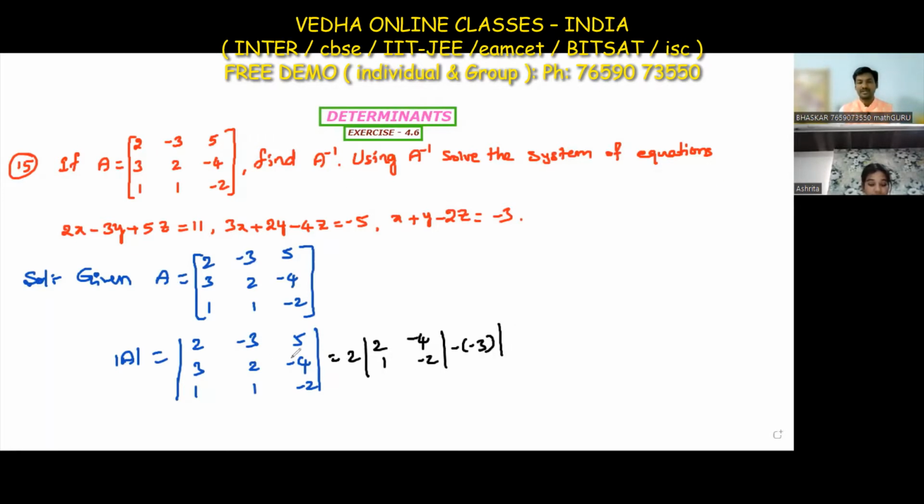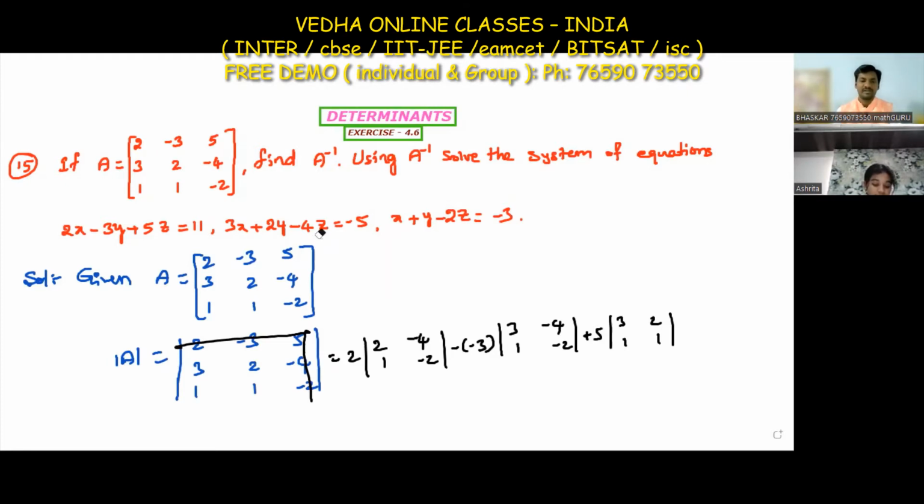Plus 3, okay. So we have to close that row and column again. So that means 3, what are the elements left? Minus 4, 1, minus 2. Yes, right. Okay, so next, after that, plus 5 into 3, 2, 1, 1. Yes. Okay. We have to close the row and column. So 3, 2, 1, 1.